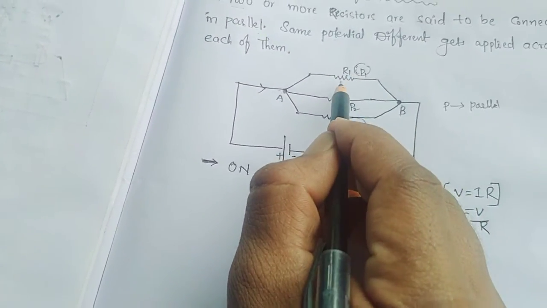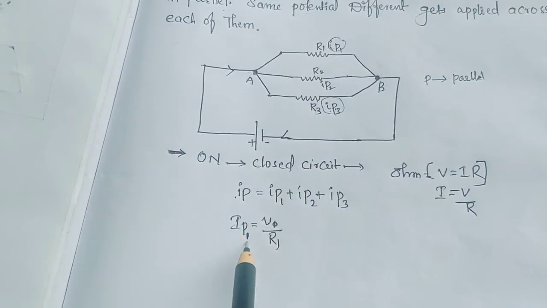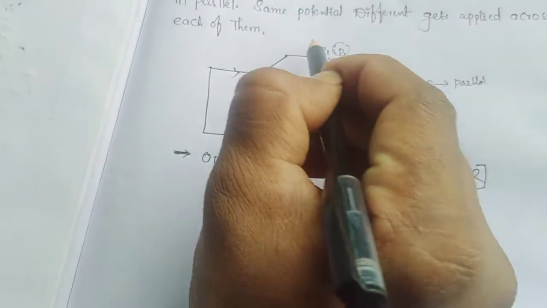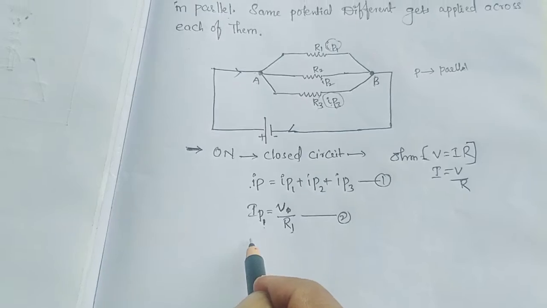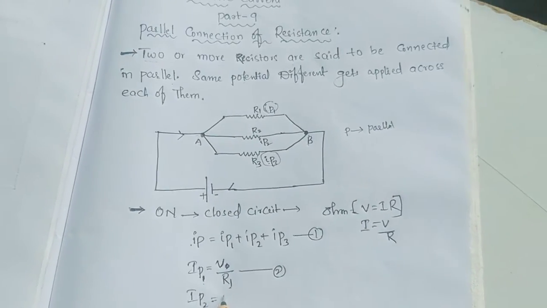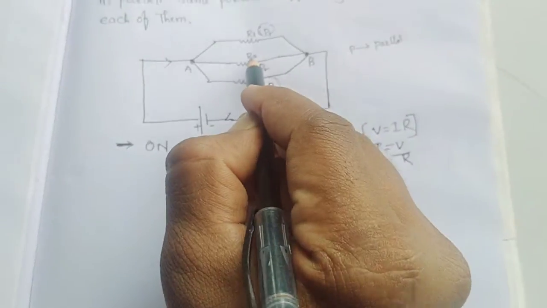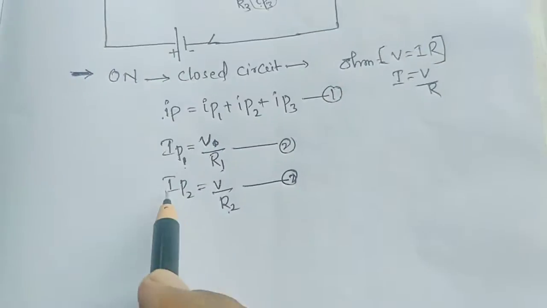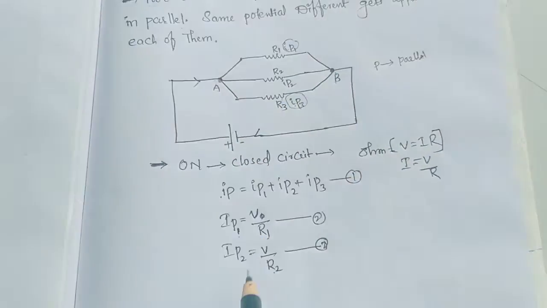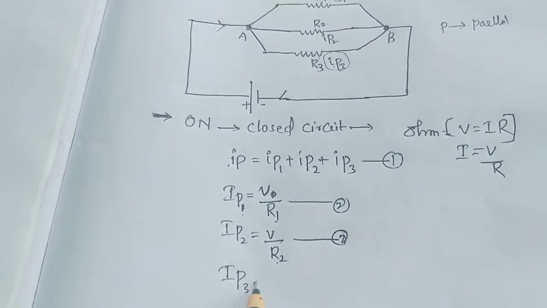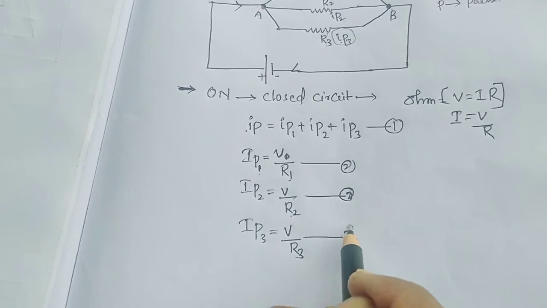In this situation we apply Ohm's law to the first resistor R1, the current is IP1, and the potential difference is V. So it is equation 1, it is equation 2, and IP2 is equal to V by R2. It is the second resistor R2, the electric current is IP2, and for the third resistor, the current is IP3, the potential difference is the same, and the resistance is R3. So it is equation 3.